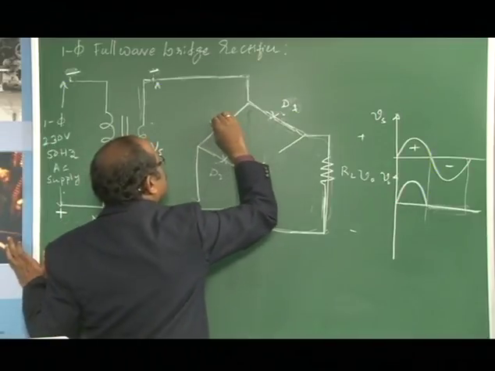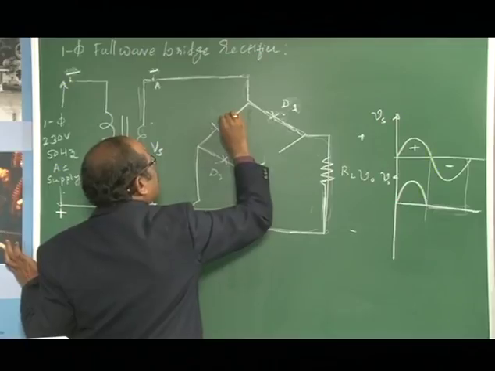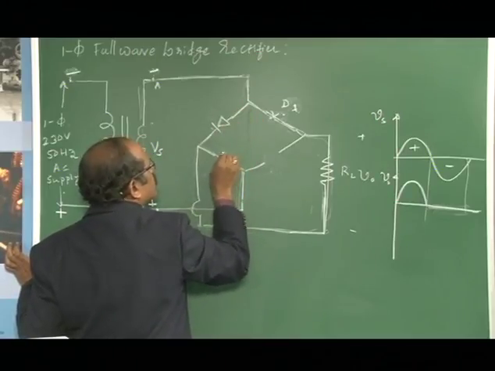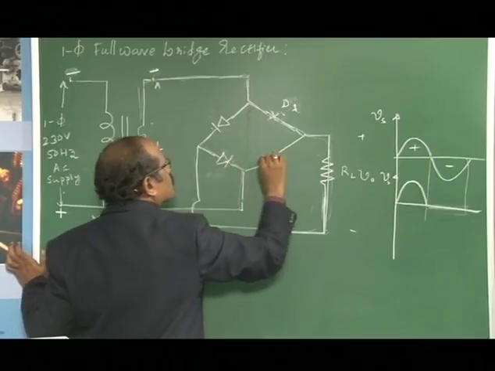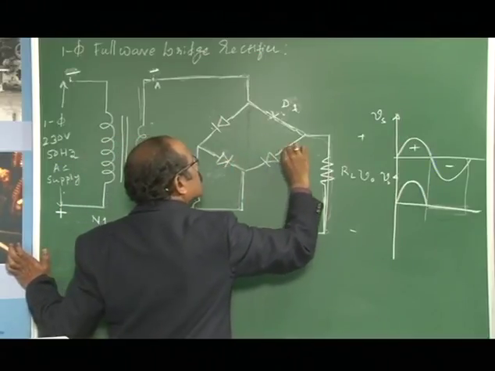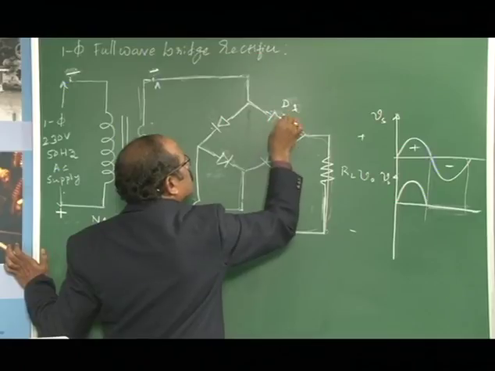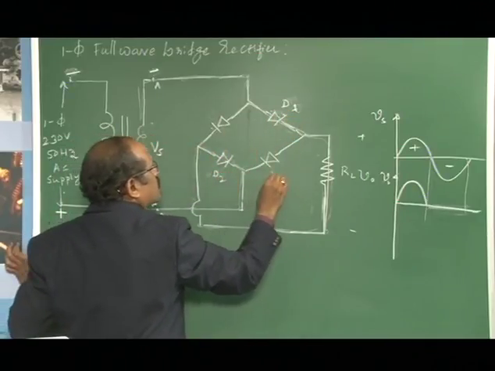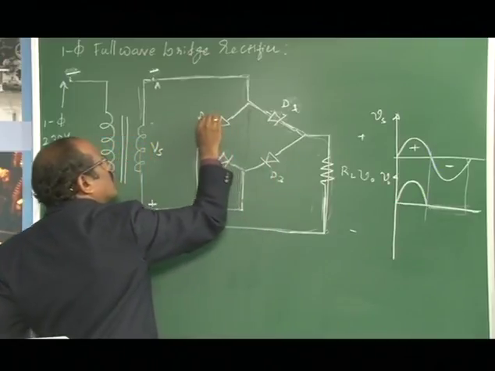Now as we have seen, there are four diodes here. This is diode D1 and diode D2, this is D3 and D4.